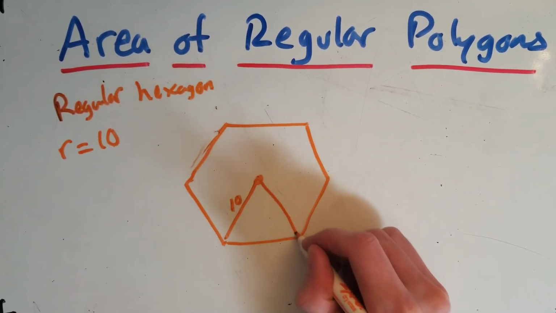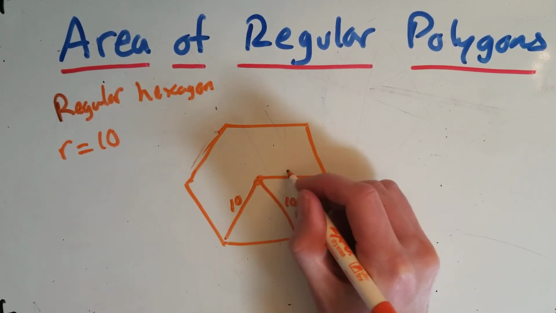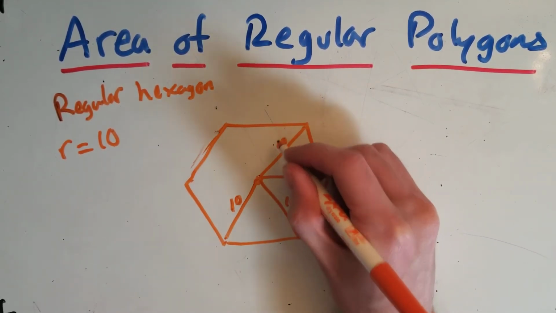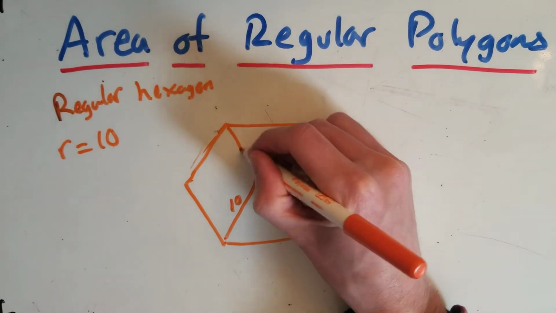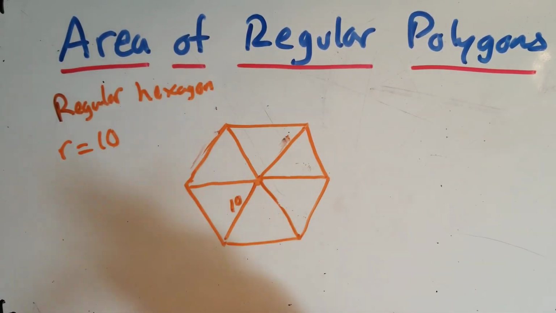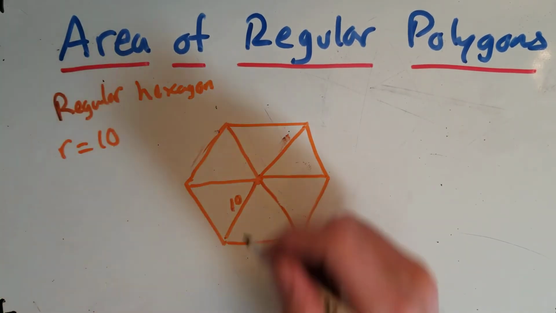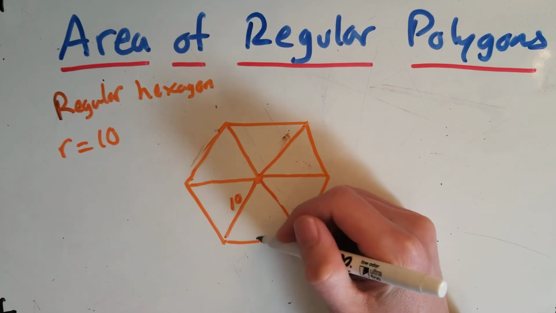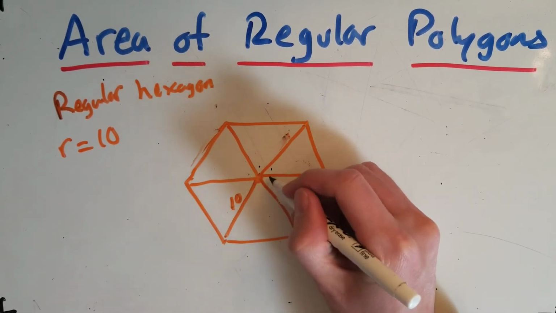Now I'm going to draw these in. So we need to use some special properties. I think we know they're all 10, so I'll just leave them. Some of the things we need to use here, well, it's going to be useful to use that apothem, but it's also going to be useful to figure out all of these angles.